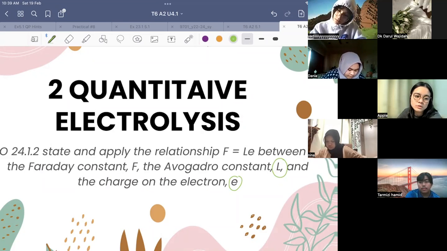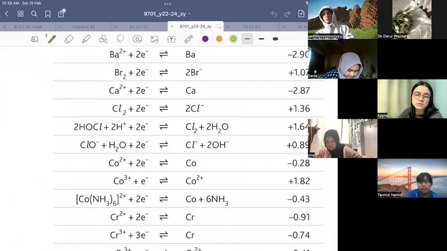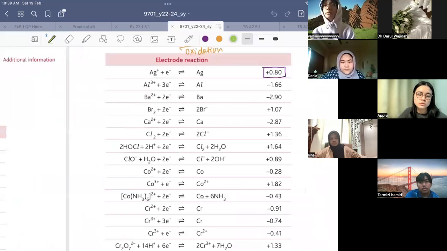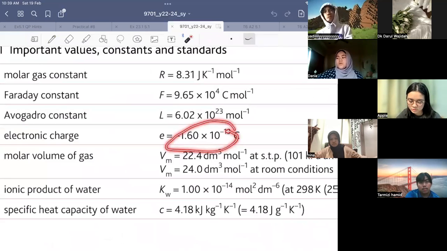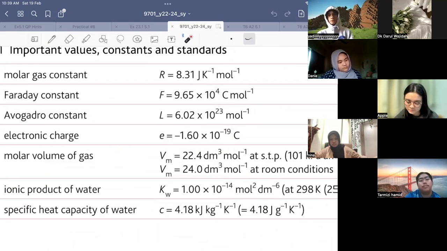The charge on the electron means the single charge of one electron. I don't know if you remember this, but the charge of a single electron is negative 1.6 times 10 to the power of minus 19. The arbitrary charge of an electron is -1, yes, but the exact charge in terms of coulombs would be negative 1.6 times 10 to the power of minus 19 per single electron.